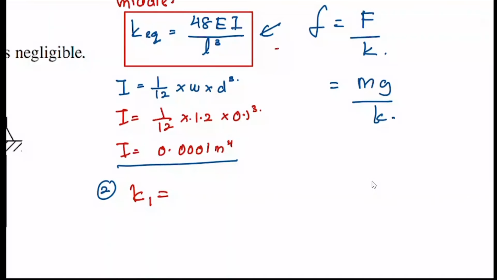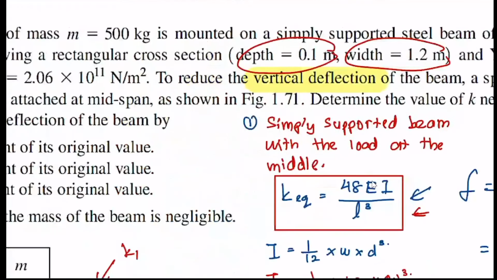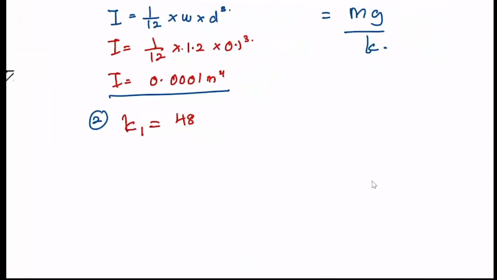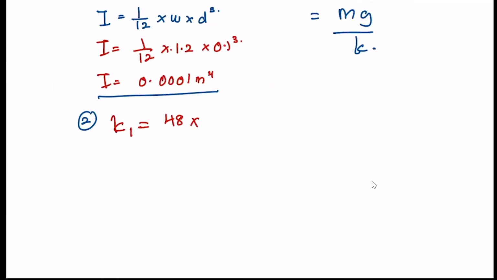Just use this formula up here. So K equals 48 times the Young's modulus. Young's modulus for this question is 2.06 times 10 to the power of 11, and then multiply with the I.